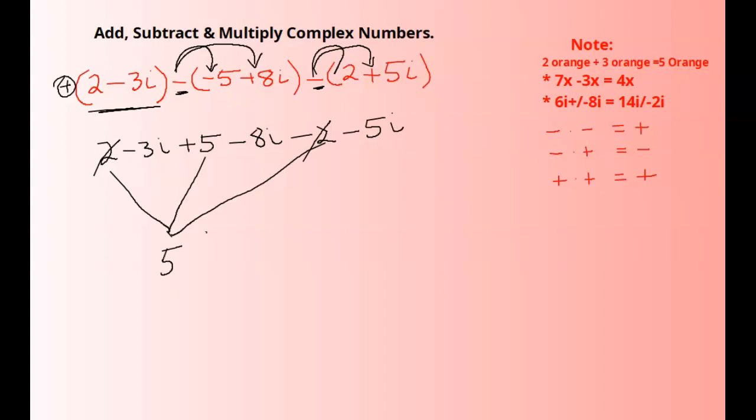So we have 5 here, and then here all of them are negative, so we just add them and then give it a negative. So we add it, and this gives us -11, and then -16i, so the final answer is 5 minus 16i.